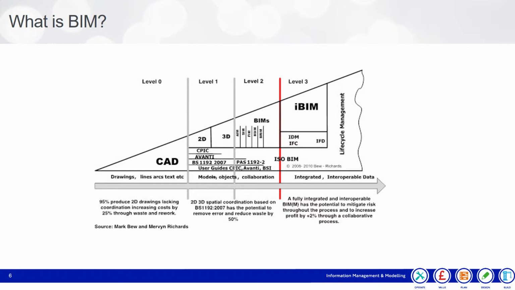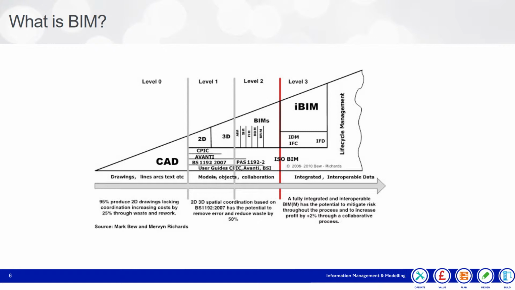Next, let's move on to Level 1. This is moving from 2D to 3D, which provides better spatial coordination, and where we are starting to work to some of the best practice guides and standards, such as BS 1192:2007. Level 2 will be a big step on from Level 1, where all design disciplines are producing object-based 3D models.